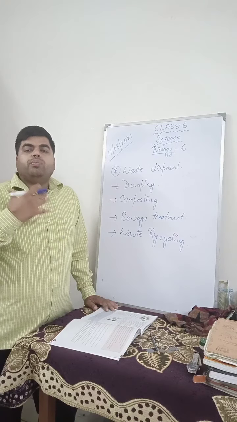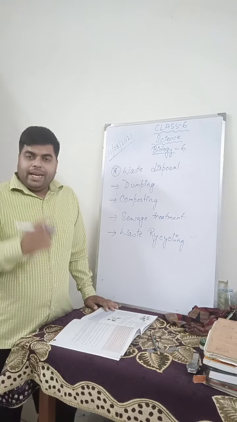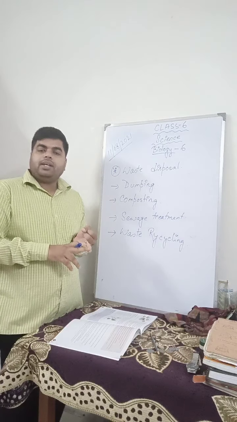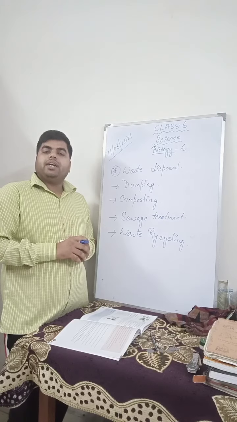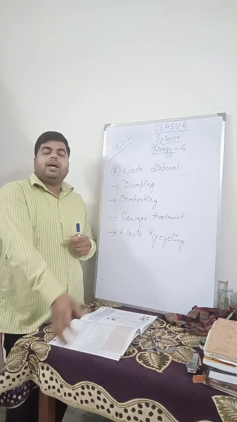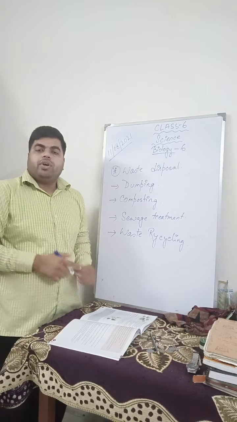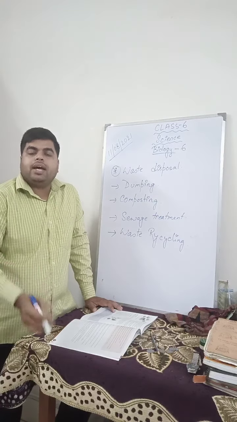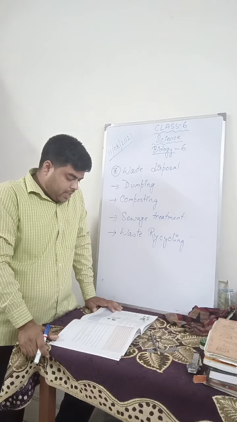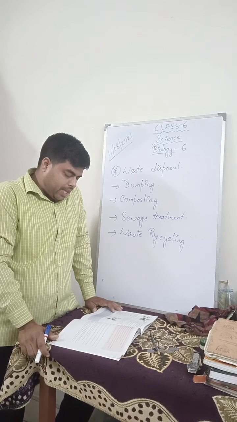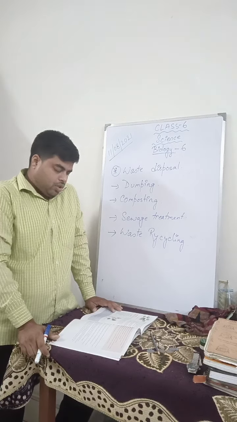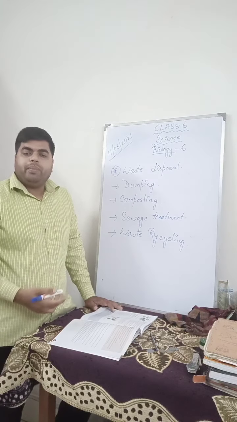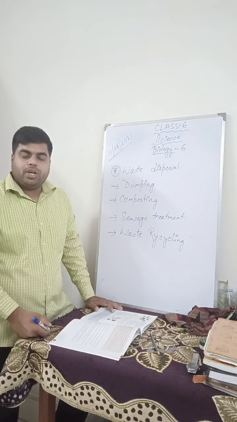Suppose you want to make a new product; that will take a lot of energy and involve a lot of money, but if you recycle an old product for reuse, then you can save energy as well as money. For instance, a waste plastic water bottle can be recycled to form new toys for children. So for example, a plastic bottle can be recycled and made into a new product like soft toys for small children.